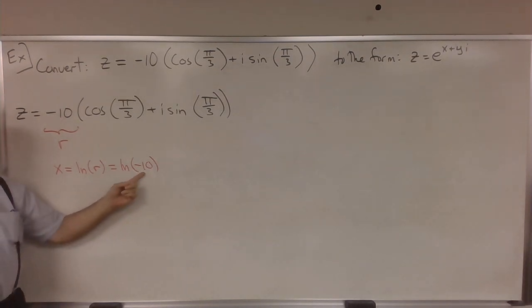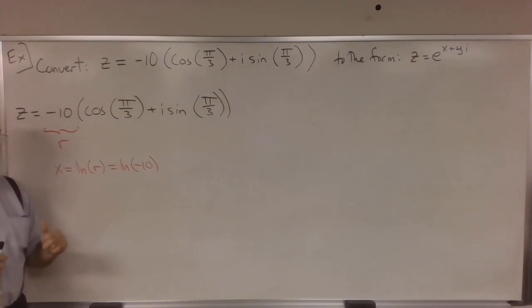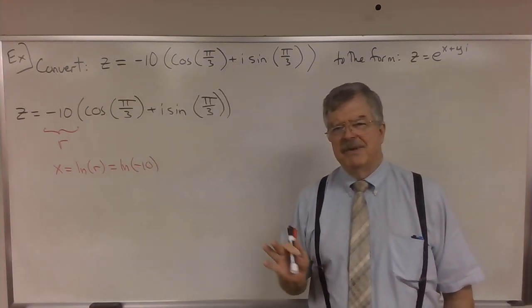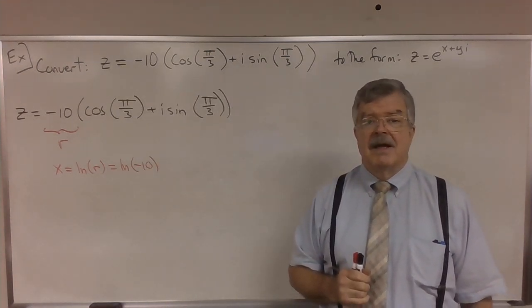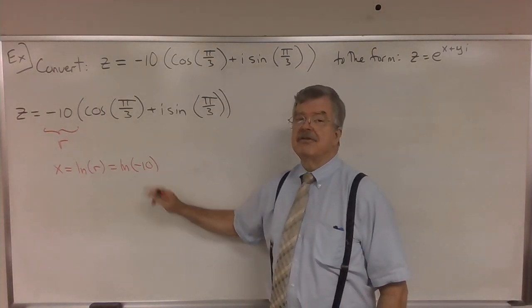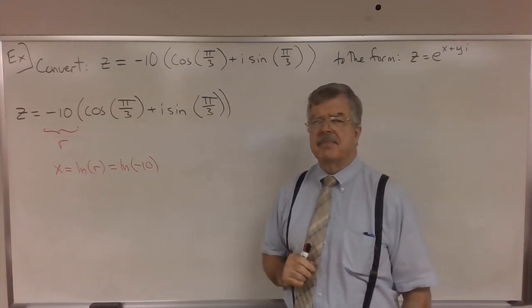And all of a sudden, I realize things are not quite as easy as I'd like them to be. Natural log of negative 10, well, we can't do that. Or at least we can't do that yet. And if we're working with real numbers, we certainly can't do natural log of negative 10.